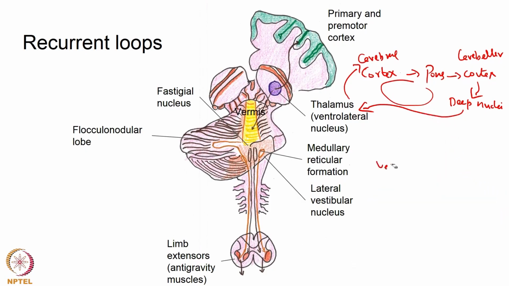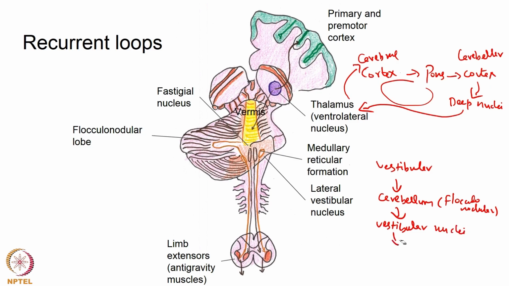So, the vestibular system to the cerebellum, as in the flocculonodular lobe, and back to the vestibular nuclei and further into the vestibulospinal tract, right.